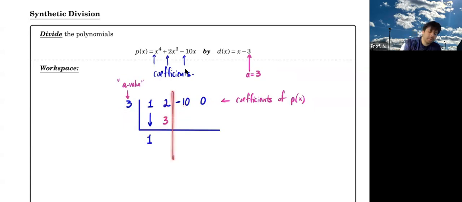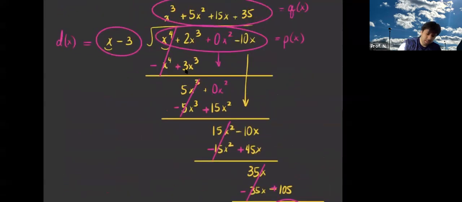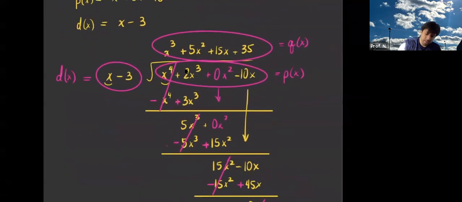The numbers that are in the same column, so you can think of these as columns, I'm going to add them. 2 plus 3 is 5. Then I want to repeat the same step. 3 times 5 is what? 15. And then I'm going to combine negative 10 with 15. Wait, did we do the same one? Minus 10.